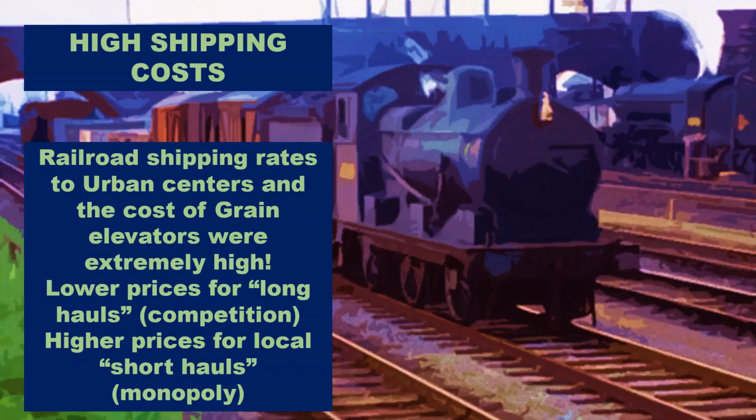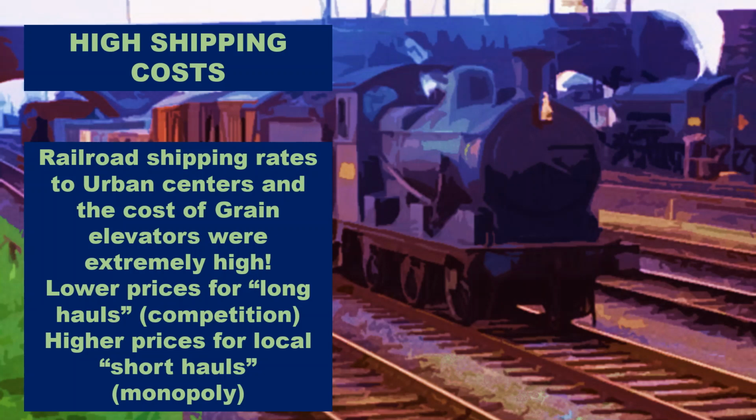High shipping costs. Railroad shipping rates to urban centers, as well as the cost of grain elevators, were extremely high. Farmers often paid lower prices for long hauls, or freight transported over a long distance, than for local or short hauls.